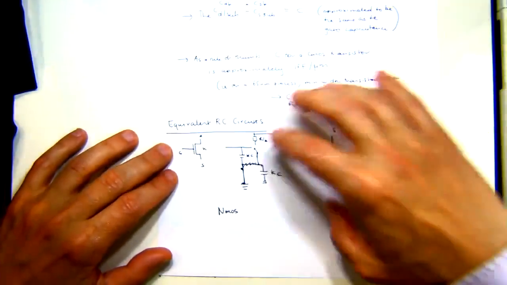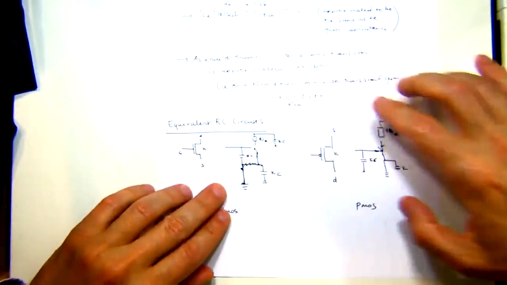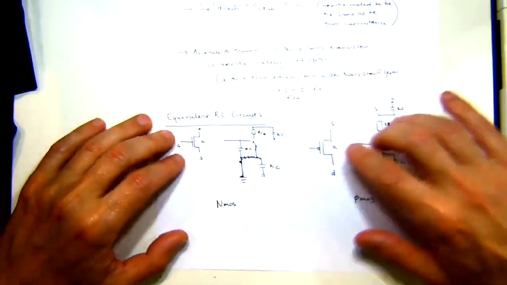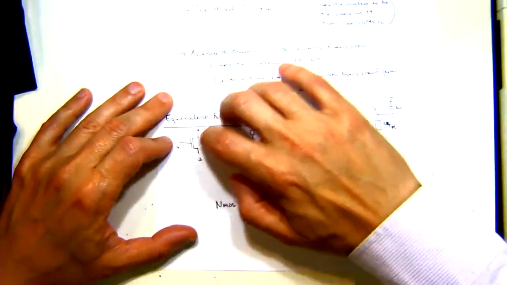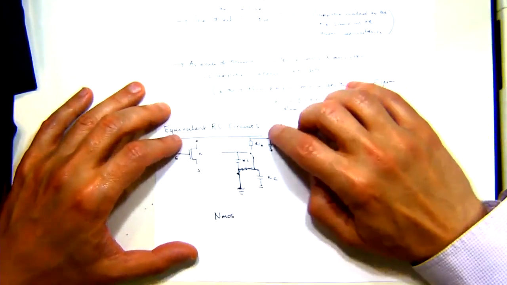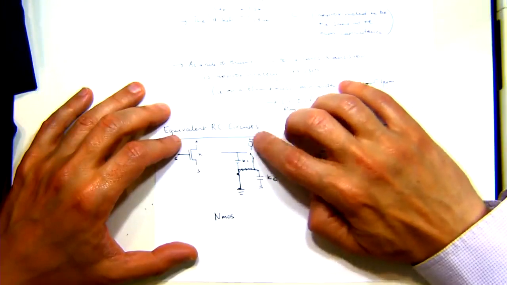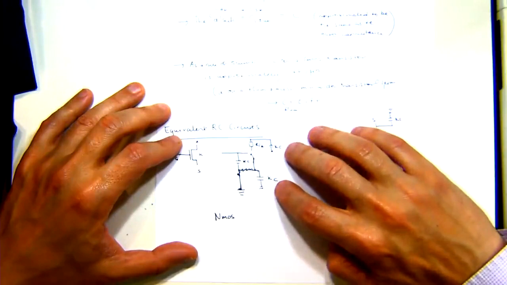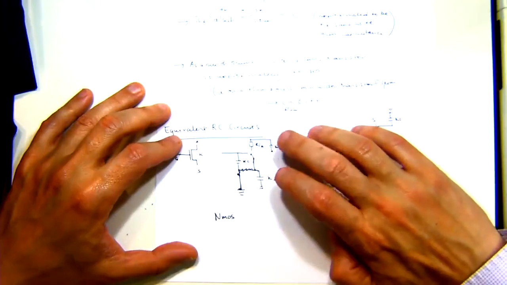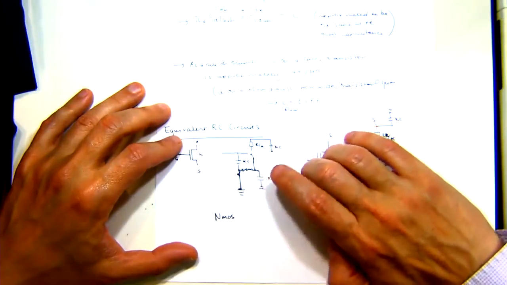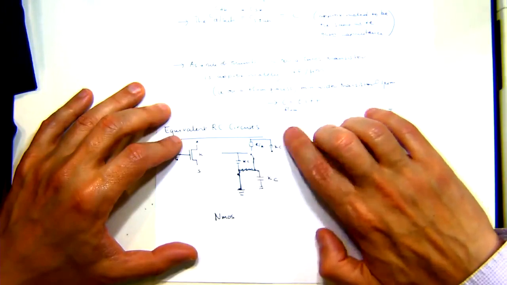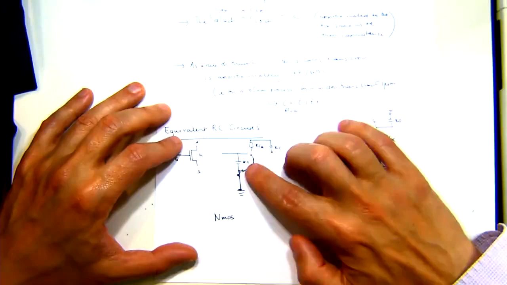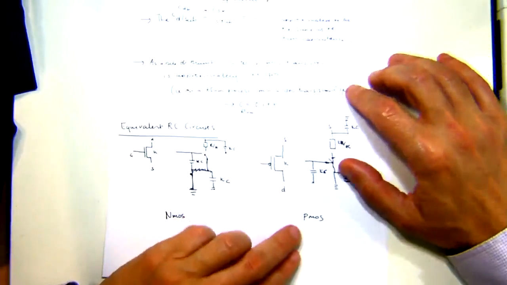So what I'm doing here is drawing out the equivalent circuits for both the NMOS and PMOS devices. Essentially, if this device is K times as large, the resistance is R on K, and the source to base and drain to base capacitances are KC, and the gate capacitance is KC.